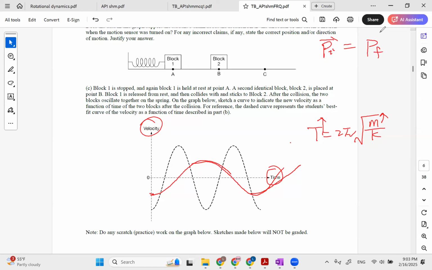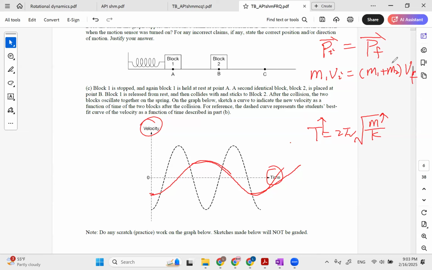Brenda, are you there? Yeah, I'm writing it down right now. You understand why V is getting smaller, right? Yeah, I get it, because of momentum conservation. After it collides, the collision is perfectly inelastic.